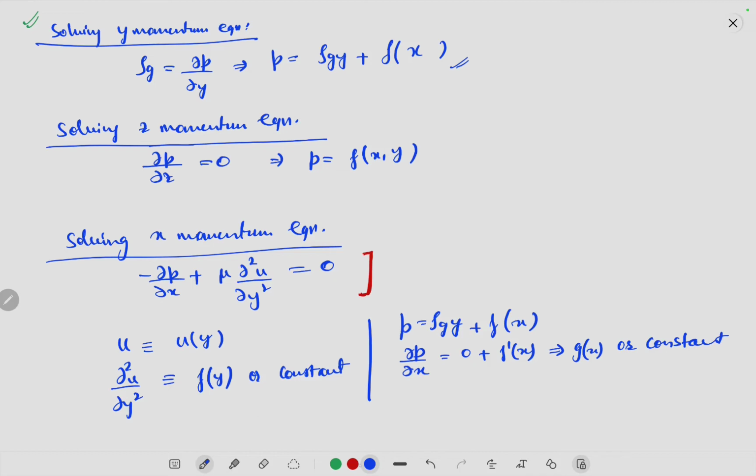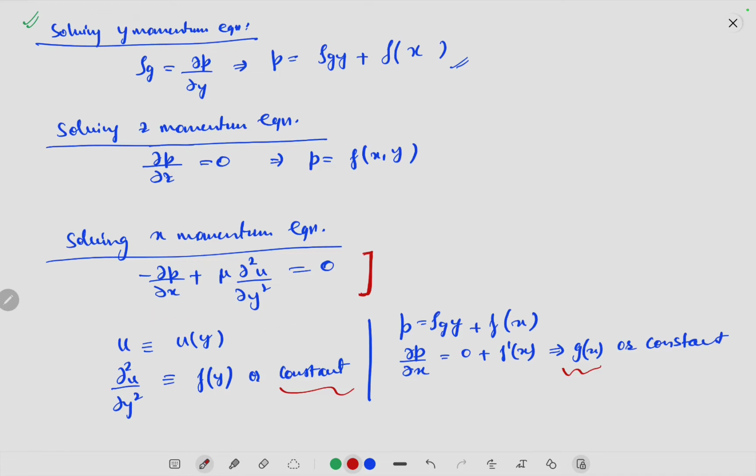Now let's say if it had been a function of y and if it had been a function of x, can I always get this plus this equal to 0? Now let's say this was a constant and this was a function of y.